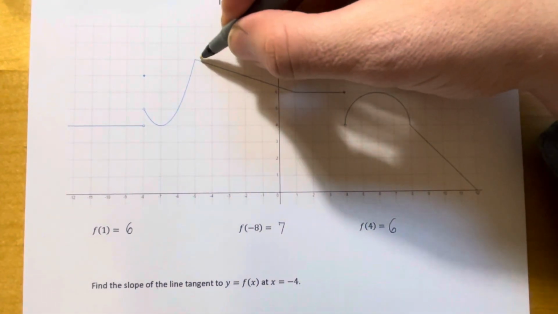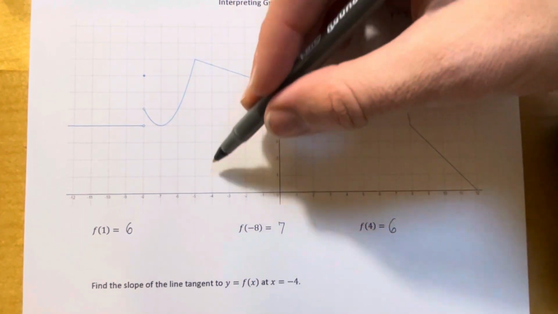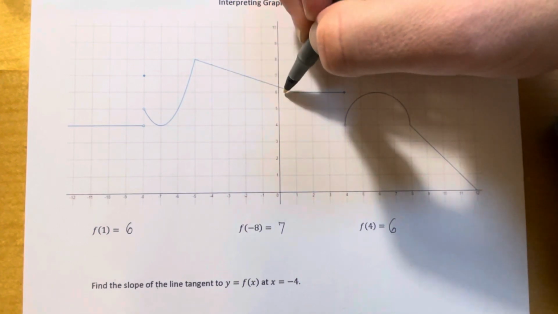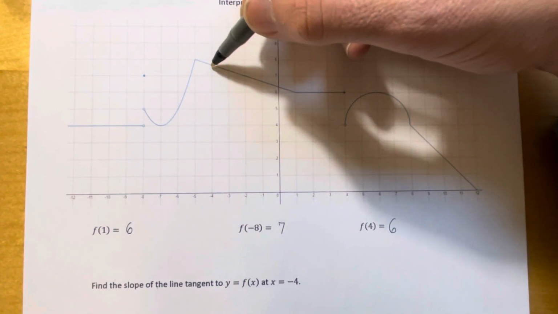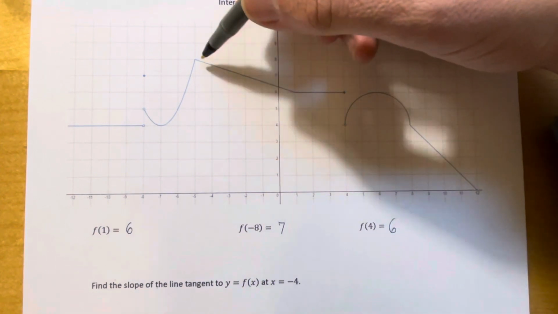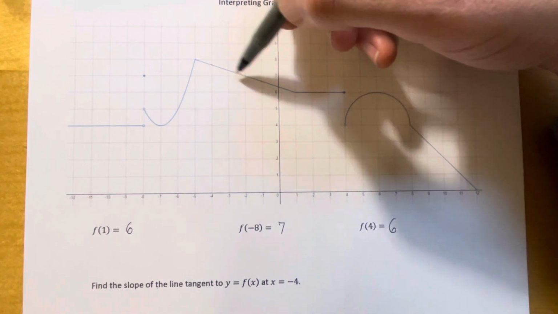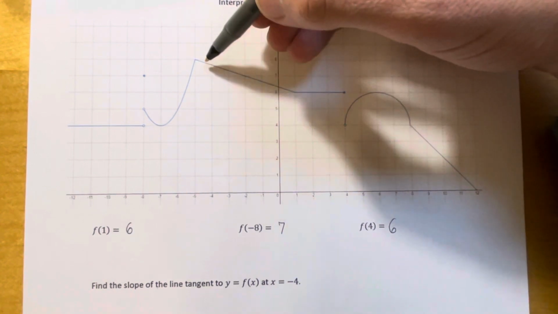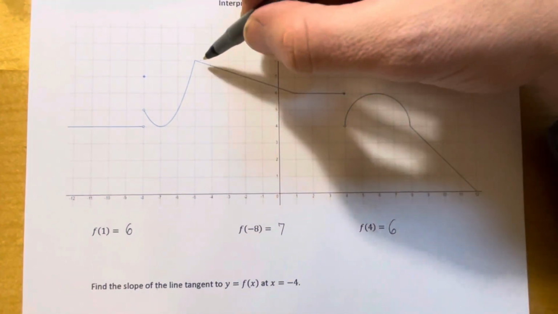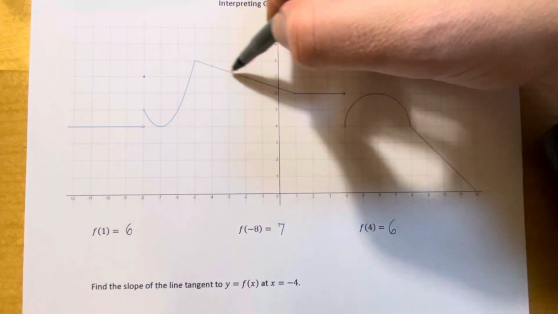We just want the slope of the tangent line. Notice where negative 4 hits our graph, it's on a linear part of that graph. We have a straight line that passes through that point. So the slope of this line is automatically the slope of the tangent line to any point on that line. If I try to sketch a tangent line here, it would look exactly like the line that's already there. So this question boils down to finding the slope of that line.